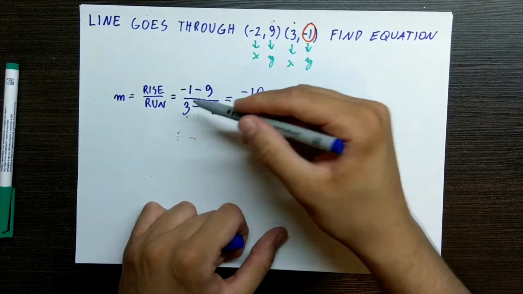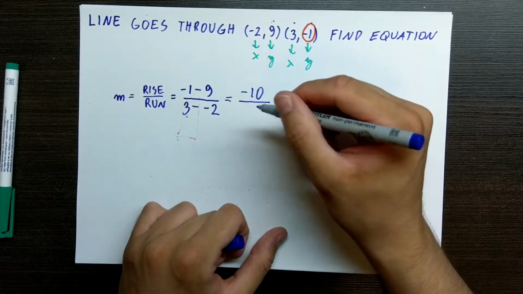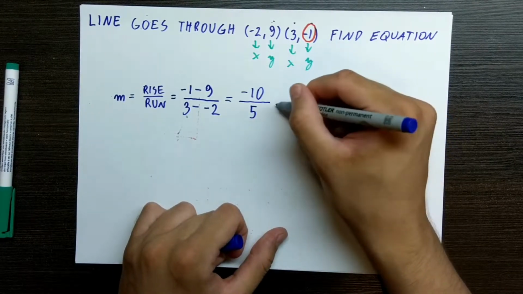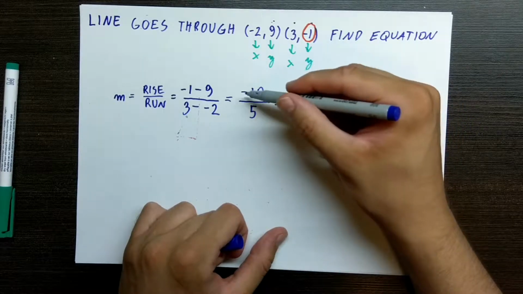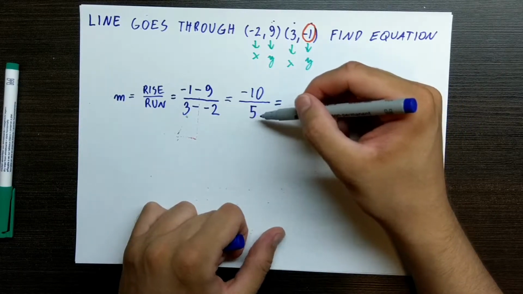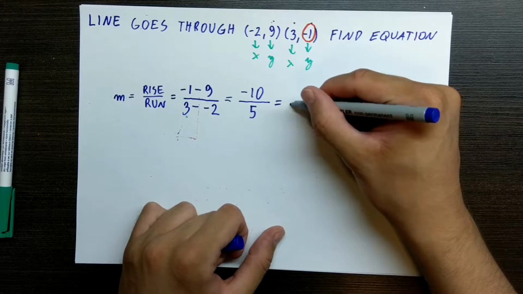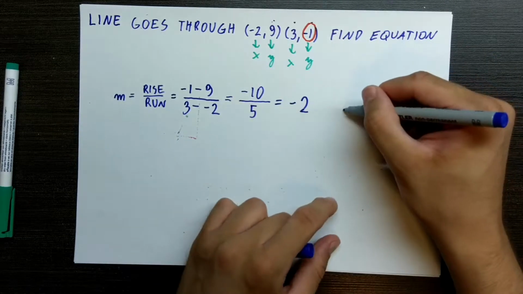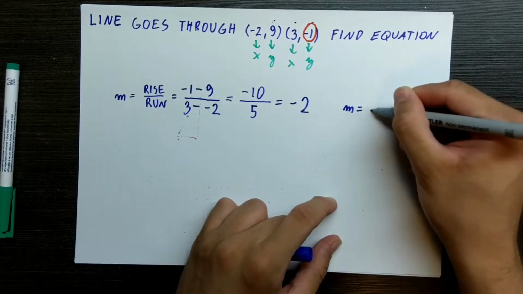And 3 minus -2 is equal to +5. And now the gradient will be -10 divided by +5, which will give us -2. That's the gradient. So m is equal to -2.